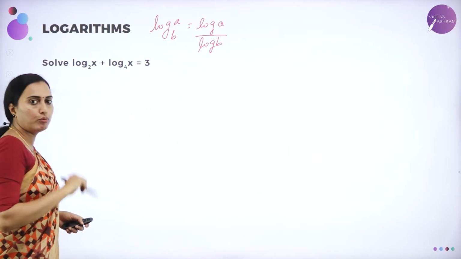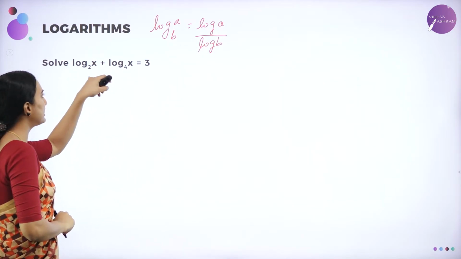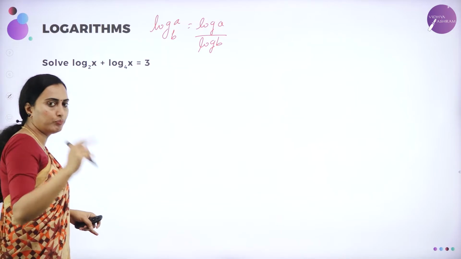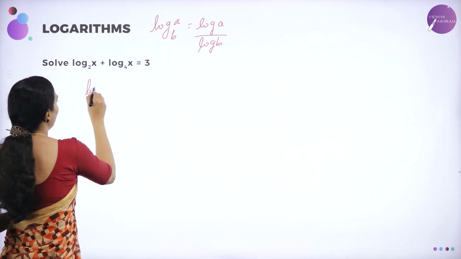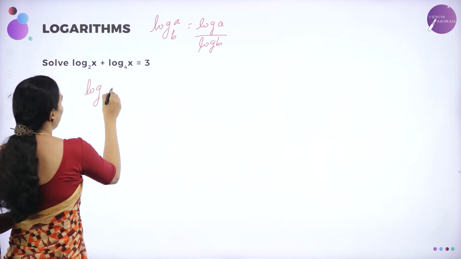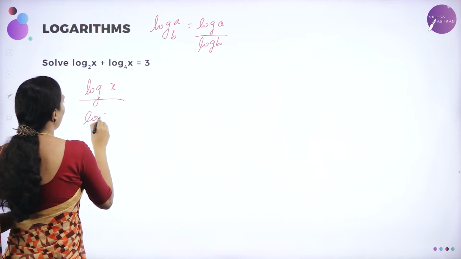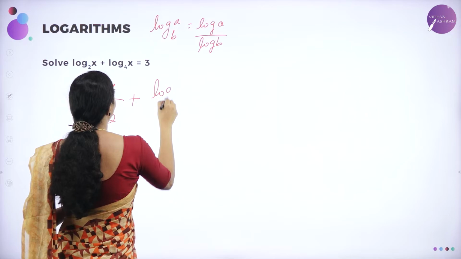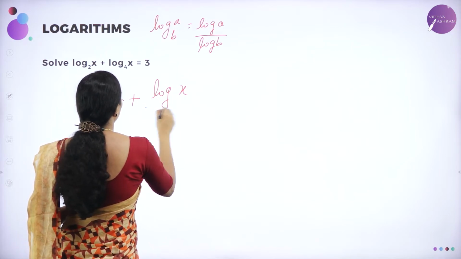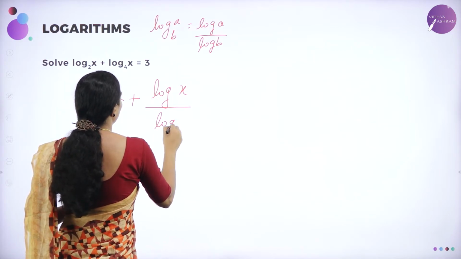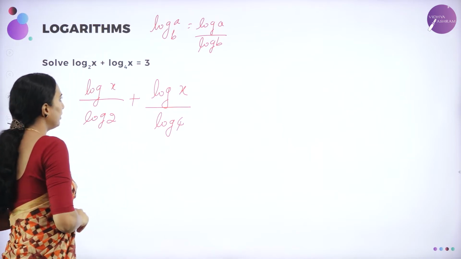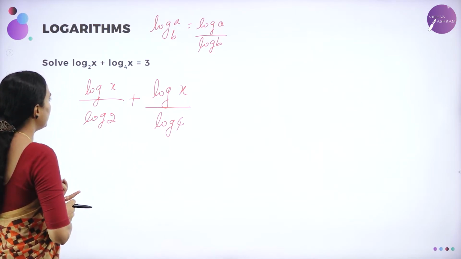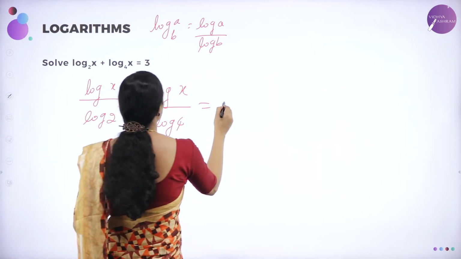So according to that formula, x replaces a and 2 replaces b. So therefore, I can have log x divided by log 2 plus log x divided by log 4. Here you have to take the LCM, so by taking the LCM, you can have it as 3.